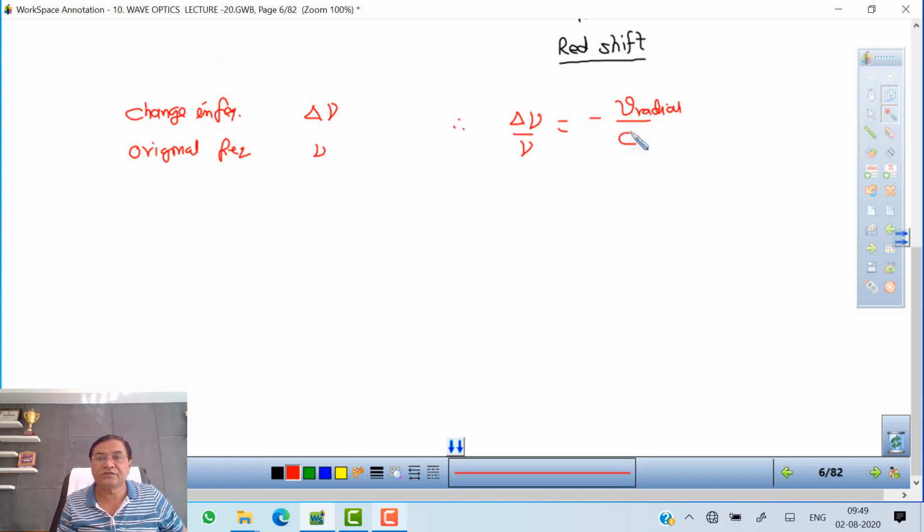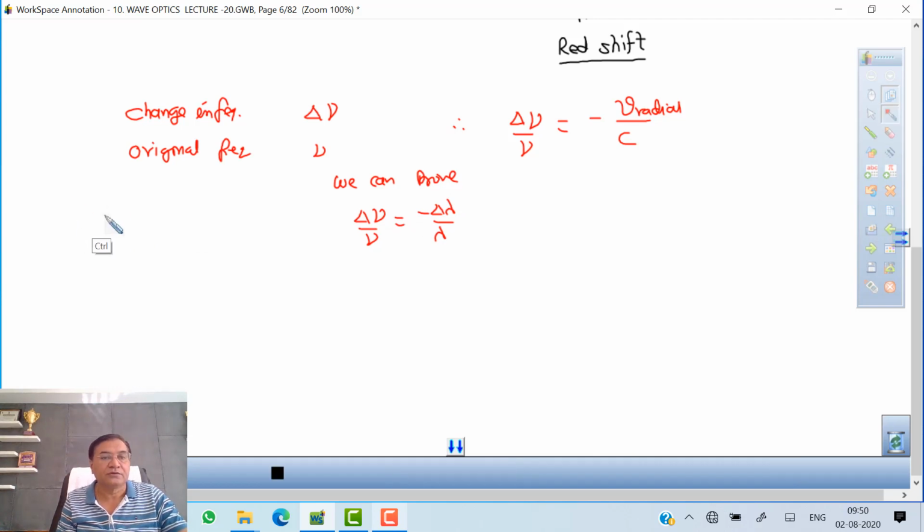Now see, you know the velocity of light. We can prove that delta mu upon mu is equal to minus delta lambda upon lambda. How? You have to prove it using C equals f lambda.